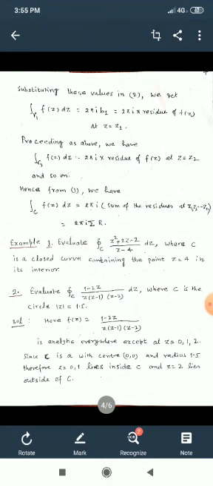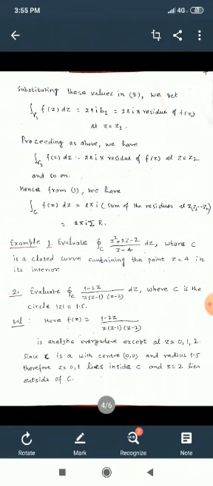In this type of function we put the denominator equal to 0, which gives the singular points: z equal to 0, 1 and 2. The function is analytic except at these points. Since mod z equal to 1.5 is a circle with center (0, 0) and radius 1.5, the points z equal to 0 and z equal to 1 lie inside the circle and z equal to 2 lies outside the circle.